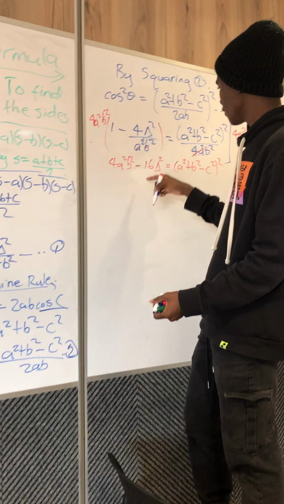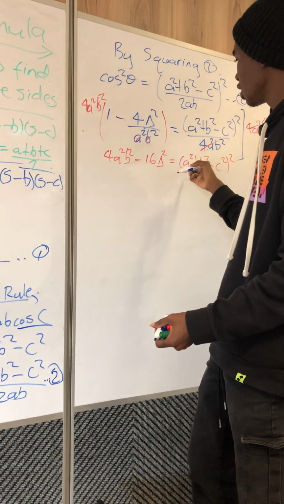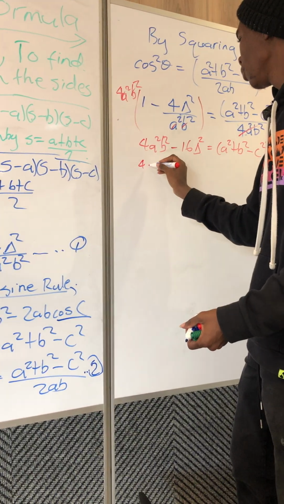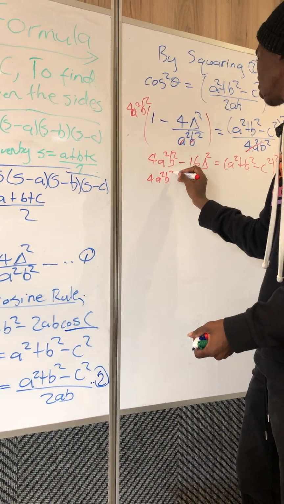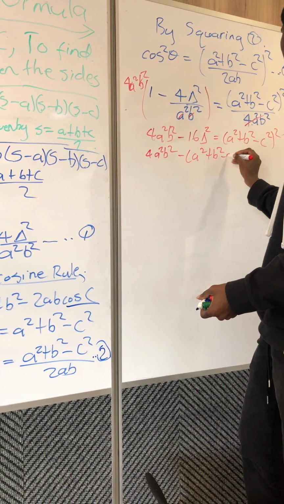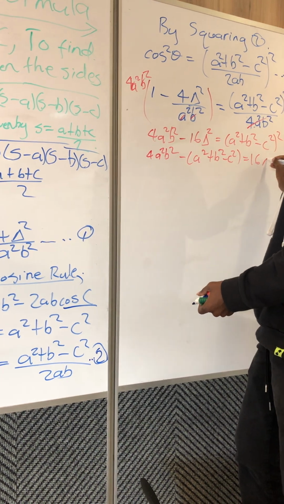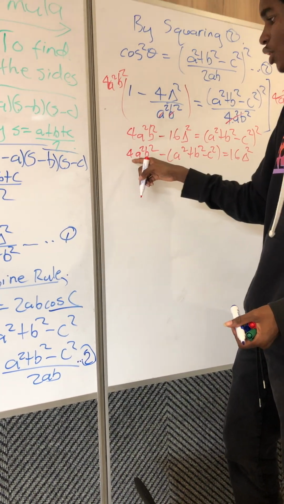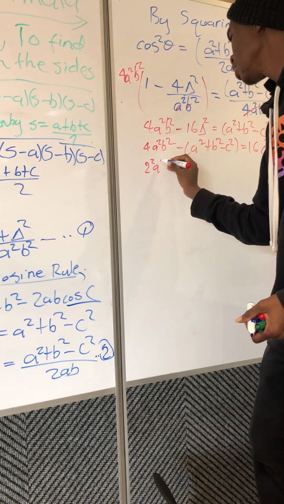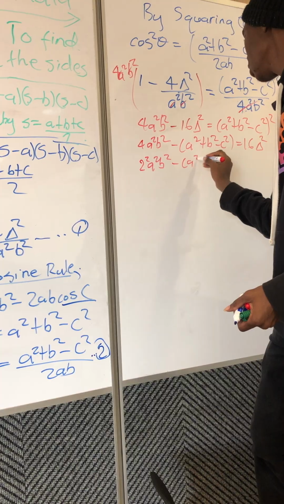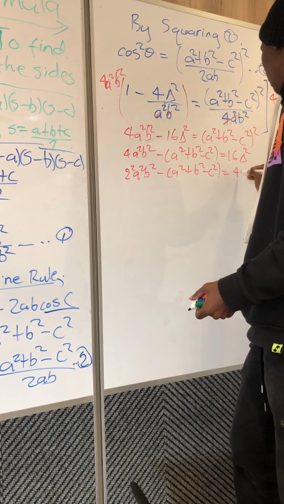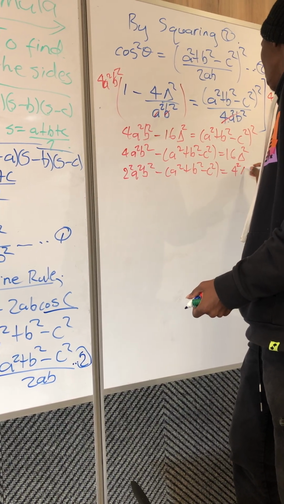Then I'm going to take this side to isolate the area, and take that side, which gives me 4 a squared b squared minus a squared plus b squared minus c squared, all squared, is equal to 16 delta squared. And from here we know that 4 is 2 squared, so this is 2 squared a squared b squared minus a squared plus b squared minus c squared, squared, equals 16, which is 4 squared, so 4 squared delta squared.